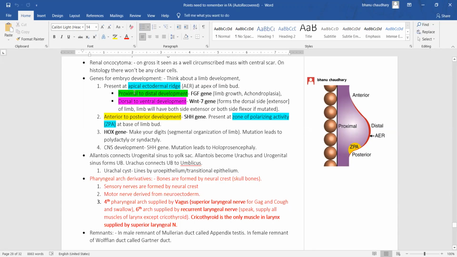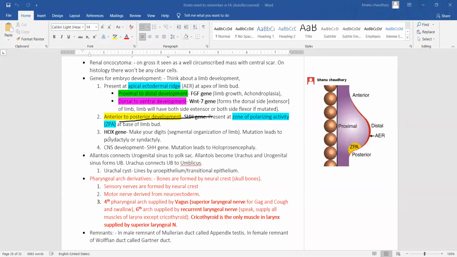They are present in the apical ectodermal ridge, which is at the apex of your limb bud. Then you have the base of the limb bud. In the base, you have the zone of polarizing activity, where you have the Sonic hedgehog gene, responsible for the anterior to posterior development. So if you go from anterior to posterior in your limb, just give me a second. Let me draw this.